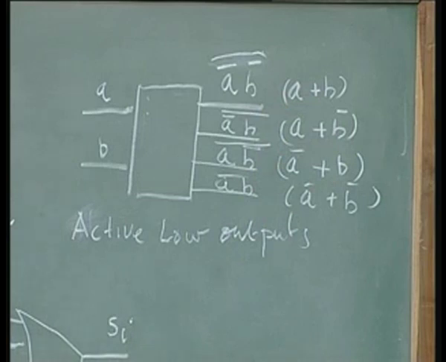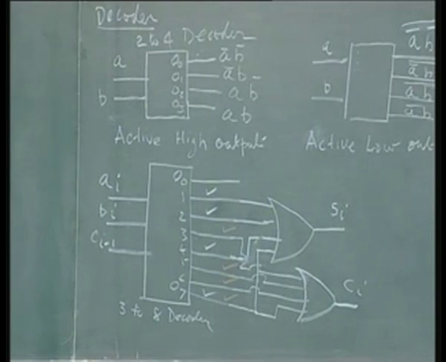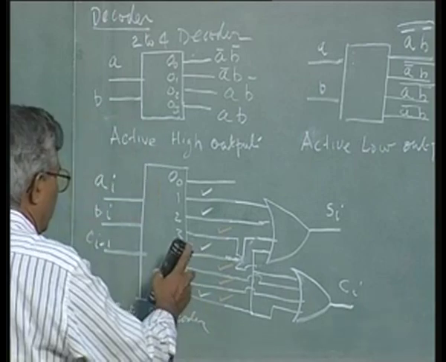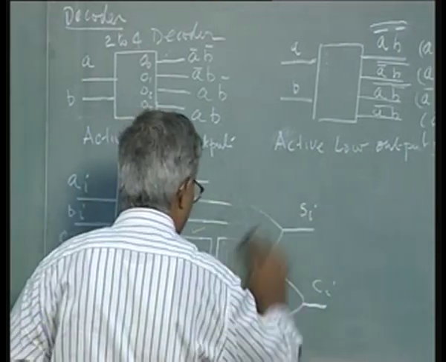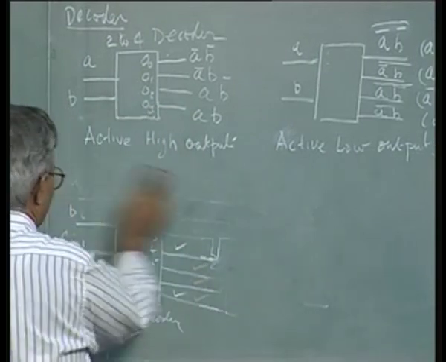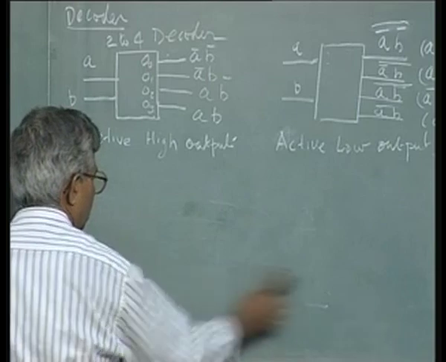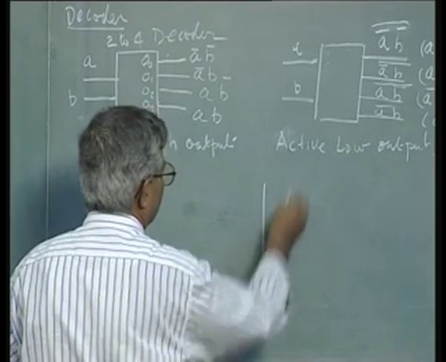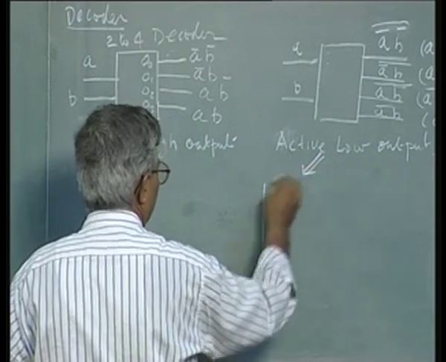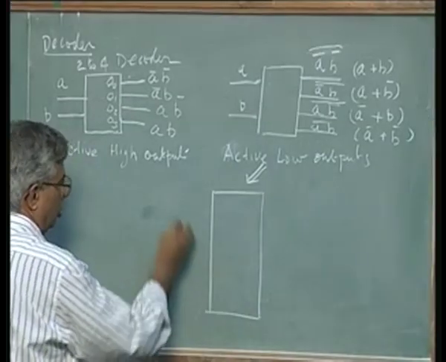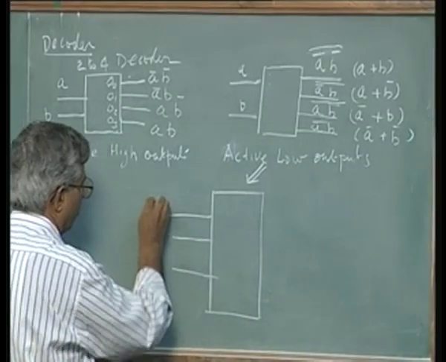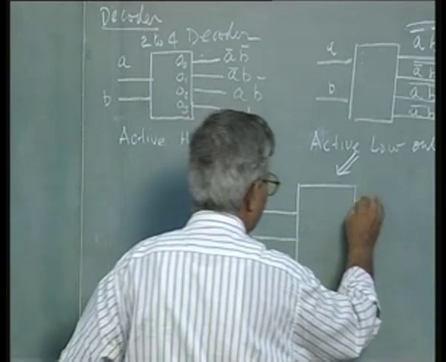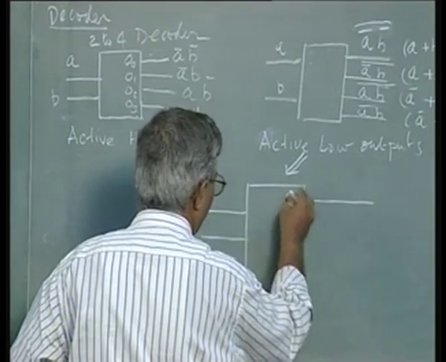That has to be factored into our design of the full adder. If I use that logic here, my gate combination will now change. So instead of these being the outputs, using my active low outputs, if I use my inputs as AI, BI, CI minus 1, this will not be O0 but O0 bar.